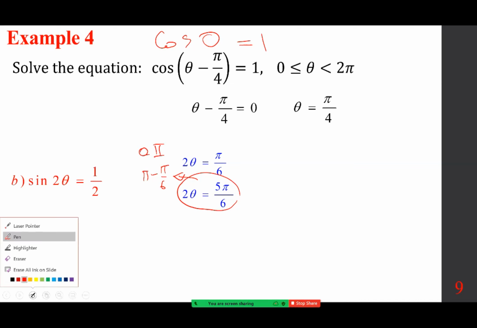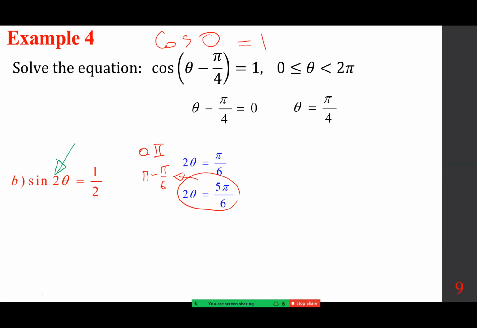Now, since this is not 1, we need to add 2n pi or 2k pi to both cases. We are going to divide everything by 2.